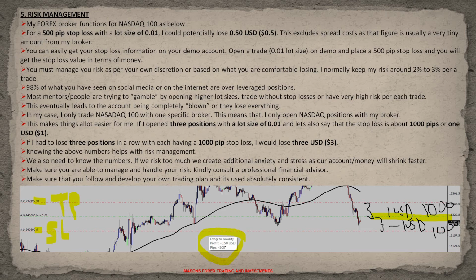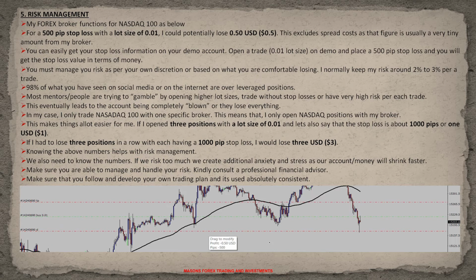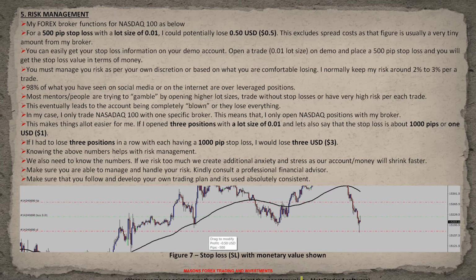In our case, this is a 50 cents stop loss. So if I had to get a risk to reward of 1:1, my take profit would be 0.50 based on our example. Place your mouse pointer over the red SL line to get your monetary value on the MetaTrader 4 software.